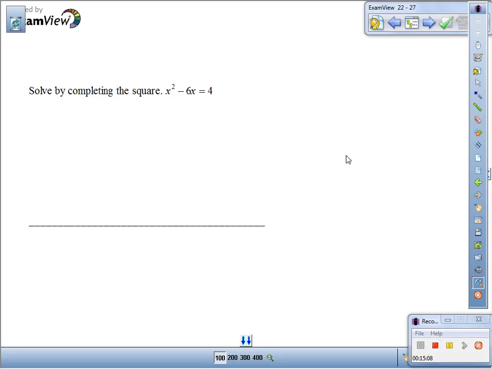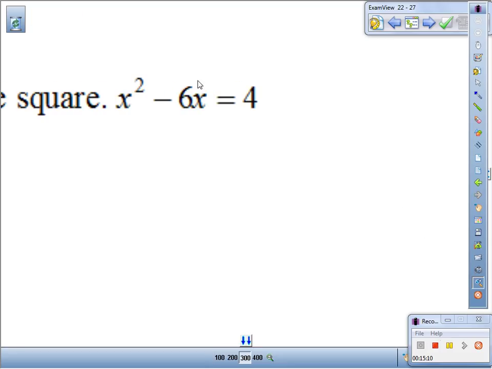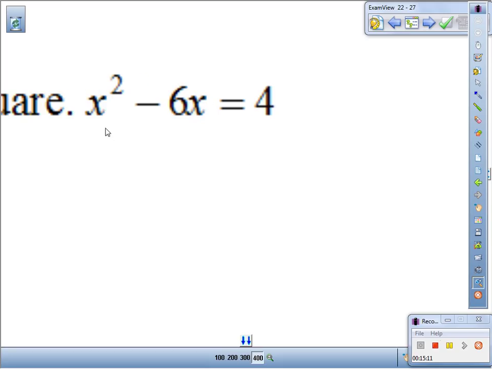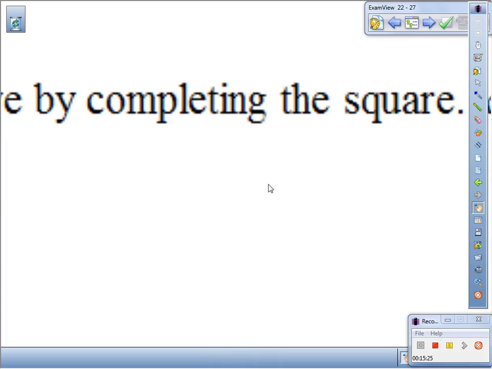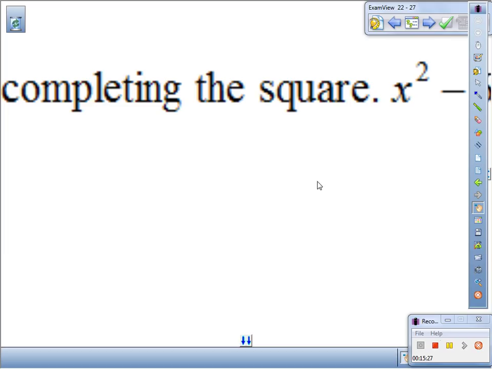Number 22. Let me zoom in. Copy this equation. X squared minus 6x equals 4. But for this one, look how they want us to solve, by completing the square.